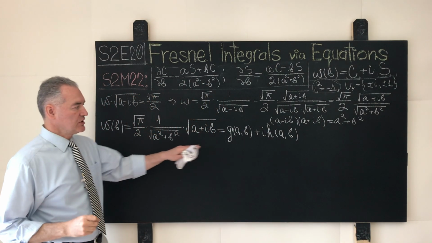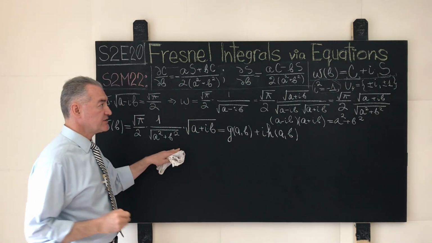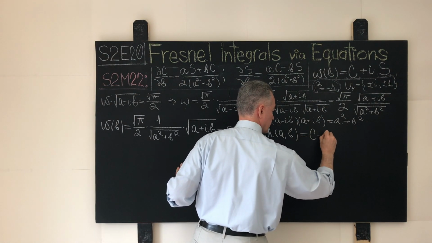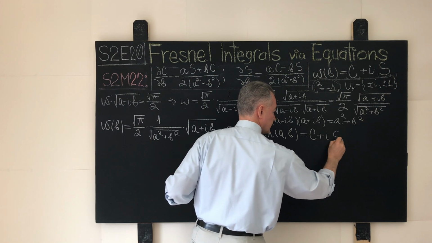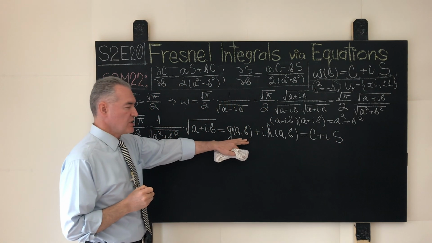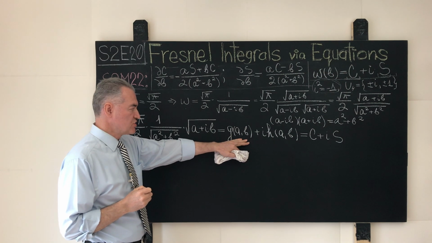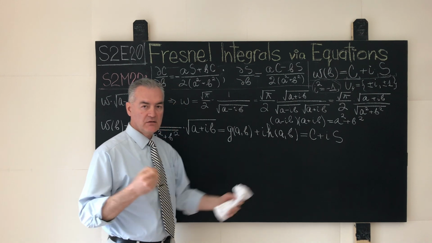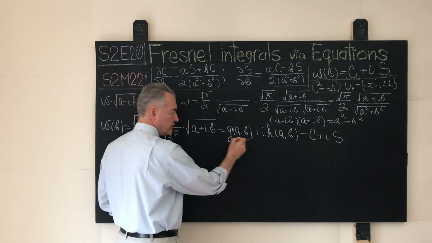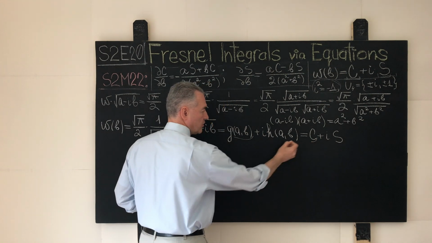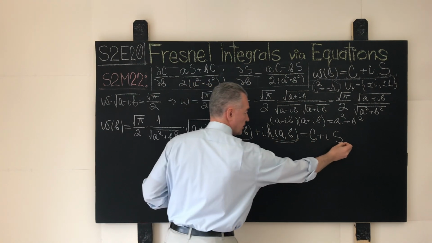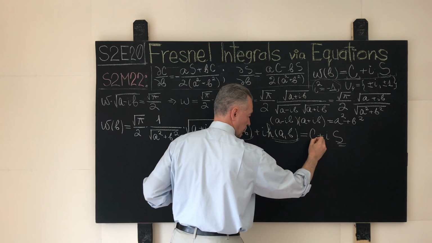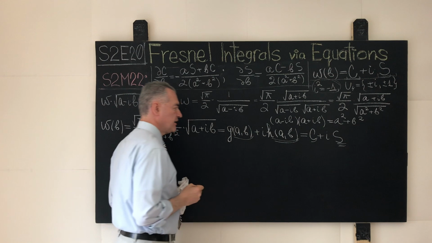That maneuver is standard in complex analysis, and because that's how we defined our function w, once we recover the shape of the helper functions g of a and b and h of a and b, we can consequently equate the real parts and equate the imaginary parts, and voila, we will know how to spell out the integrals c and s.